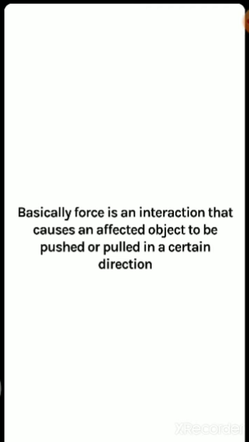Basically, force is an interaction that causes an affected object to be pushed or pulled in a certain direction. So force is an interaction between two objects. Whenever we apply some force on one object, whether it is a push or pull, an interaction between them must occur.